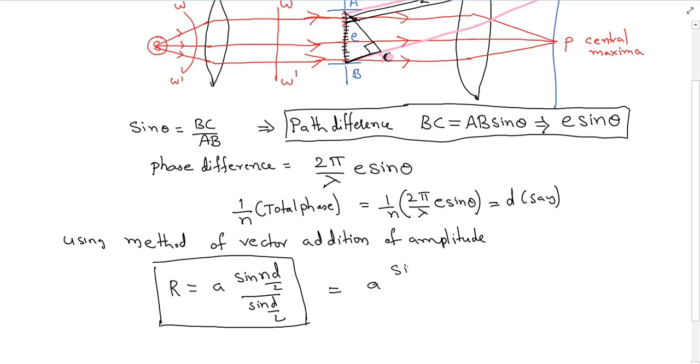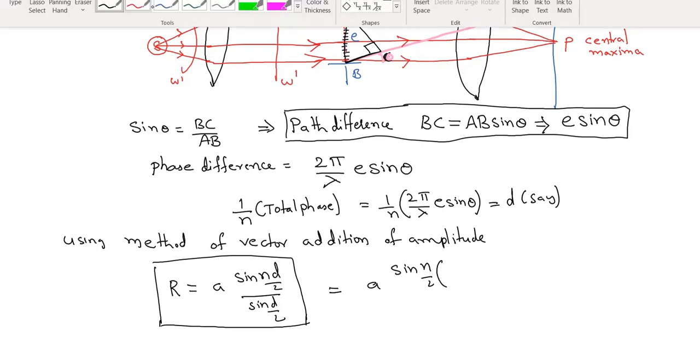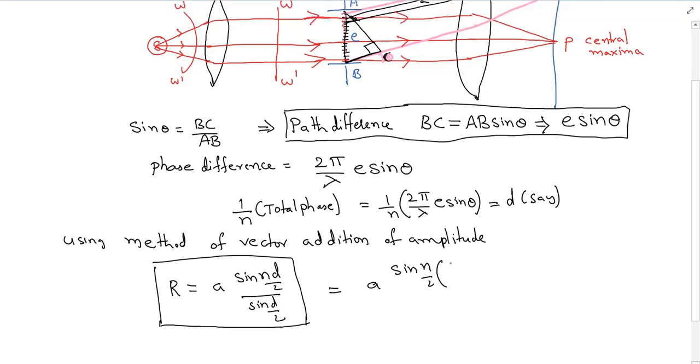A sin of n by 2 into d, where d is equal to 2 pi by n lambda into e sin theta, by sin of 1 by 2 into again the d value, 2 pi by n lambda into e sin theta.